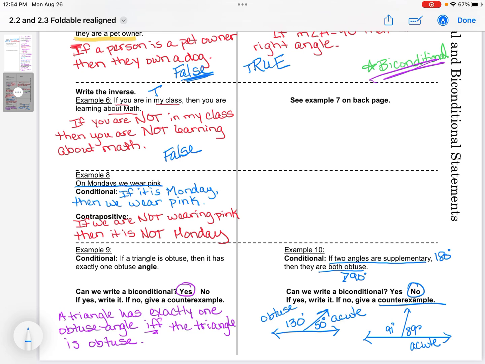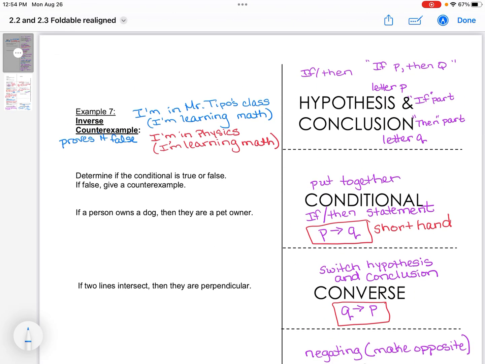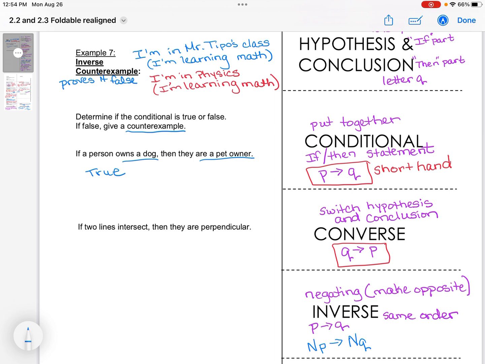All right, let's finish up with the stuff on the back. Okay, we're looking for counterexamples. So first of all, if a person owns a dog, they are a pet owner. That is true. Look at the next one. If two lines intersect, they are perpendicular. So we could draw like that and go, oh, those are perpendicular. But do they have to be? They could be.